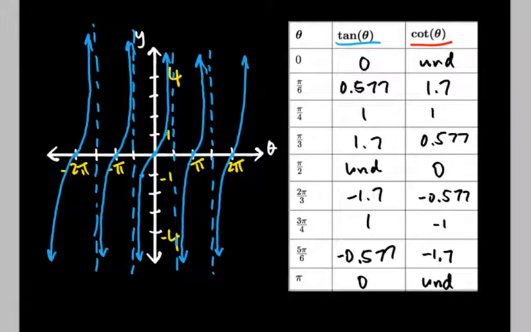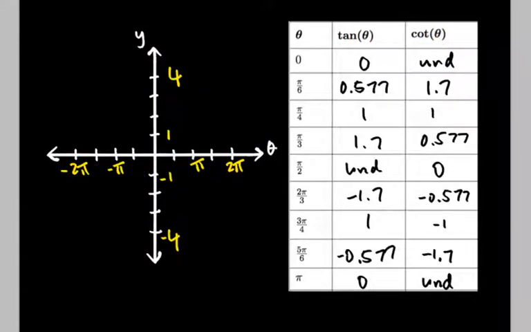Now I'm going to get rid of that so that we can see cotangent. If you need to take a picture or copy this down, just pause the video. Getting rid of it right now. Alright, let's look at cotangent then. It does exactly the opposite in terms of the asymptotes. Now it's at the 0 points and the whole pi points.